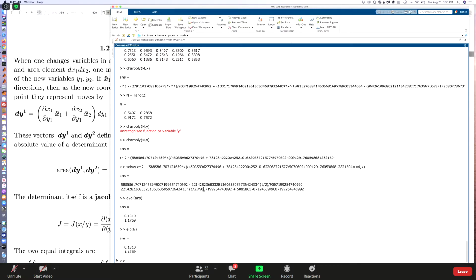And those roots are the places at which the determinant of n minus x times the 2 by 2 identity matrix vanishes. And so we get these eigenvalues, sorry.